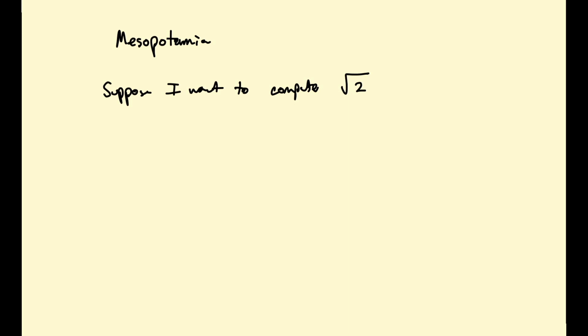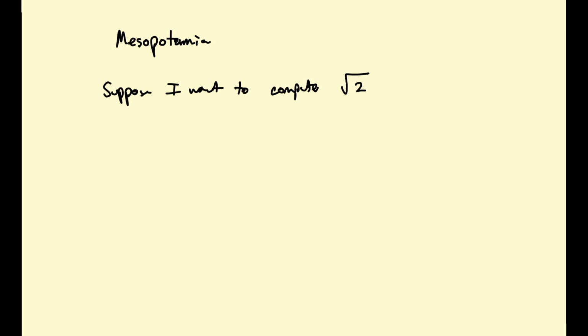It's 1.414 blah blah blah. And it comes up in trigonometry. If you've got a square with 1 unit on each side, then how long is the diagonal of it? It's the square root of 2. So this is a useful number for the sake of example, but I can do this for any value. It doesn't have to be the square root of 2.